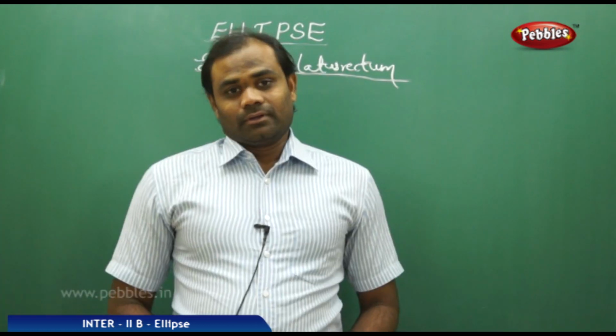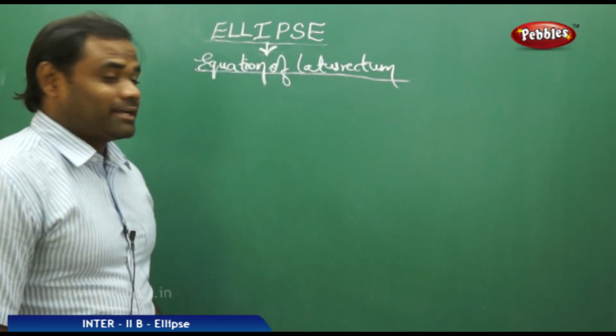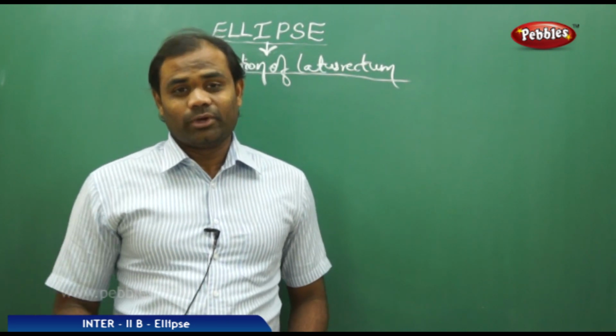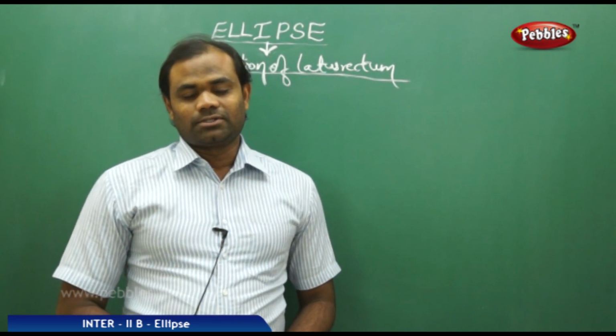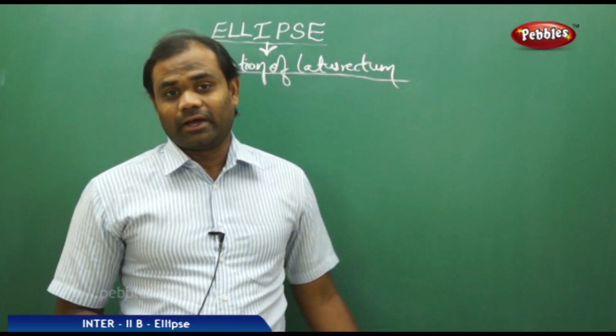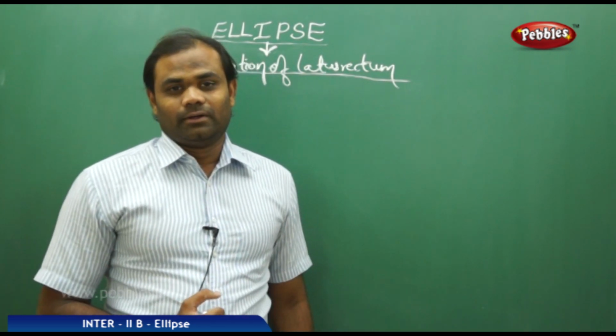Now let's see the equation of latus rectum. As we have seen the length, now comes what would be the equation of the latus rectum. Since there are two latera recta, we have two equations which we need to identify in case of this topic.